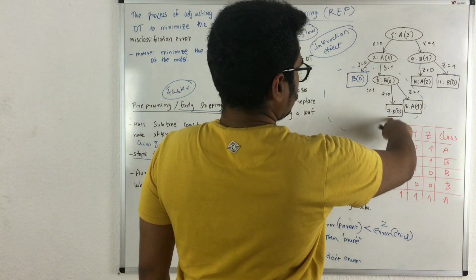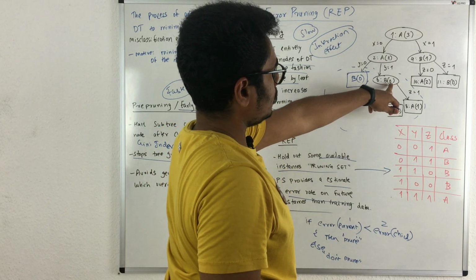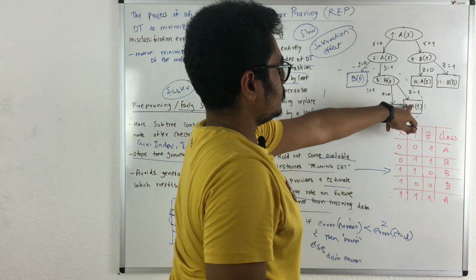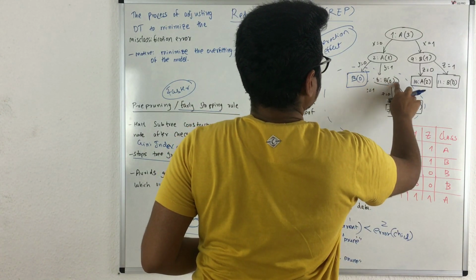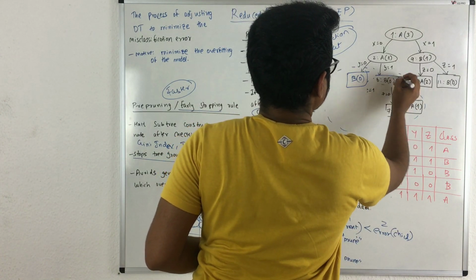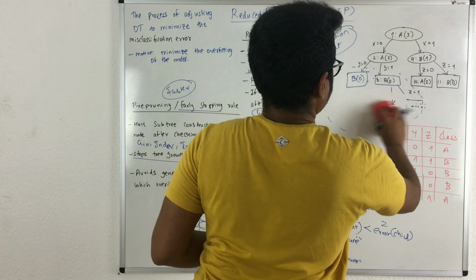Similarly, if you go here, you again have the same condition: the parent had 0 error but the child had 1 error. So I remove this, this becomes my leaf node, and I trim this.